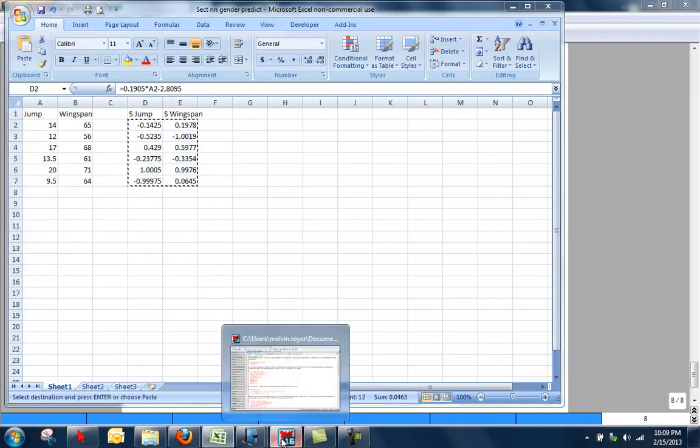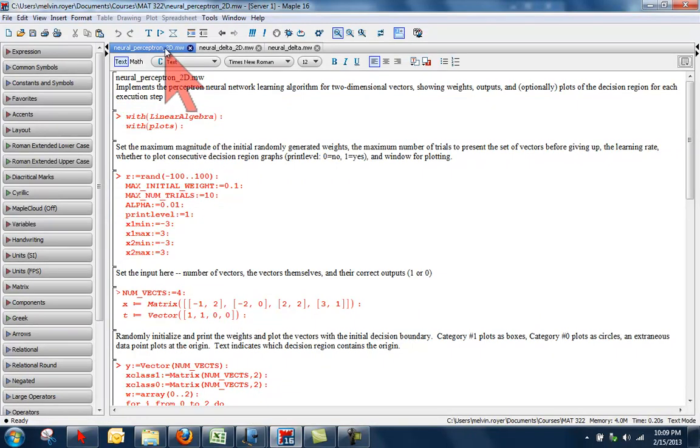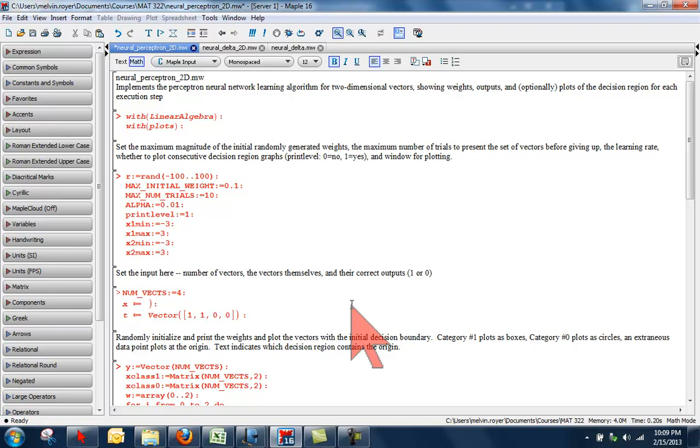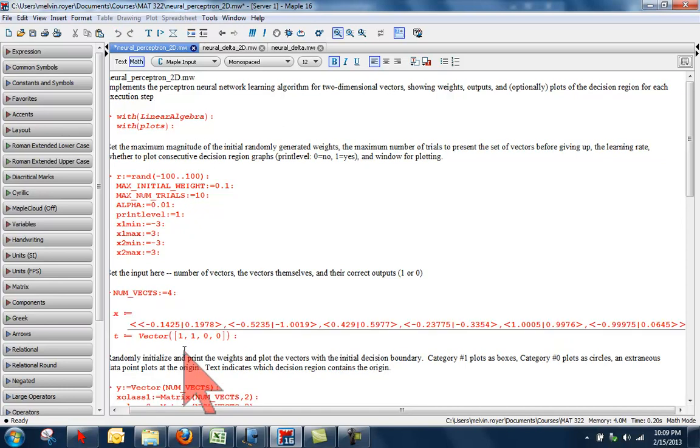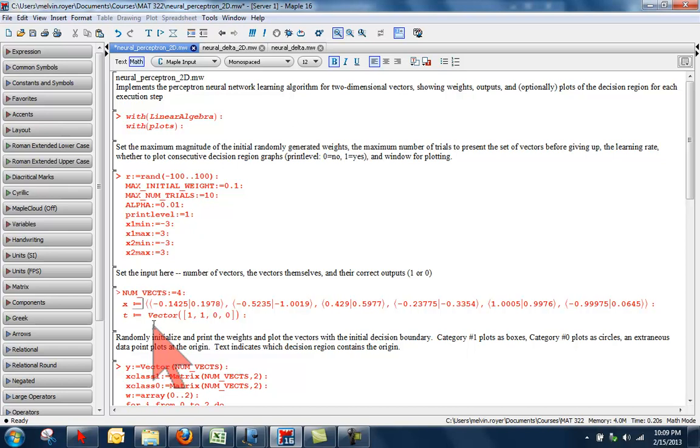And now I'm going into Maple, into Neural Perceptron 2D, and I'm going to try to put that information right here. So I'll copy and paste. And depending on what screen you're at when you do the copy paste, you might get different display here.